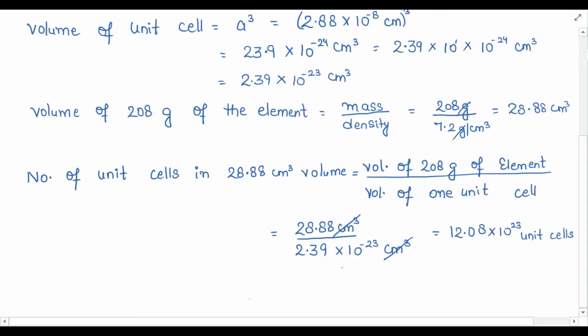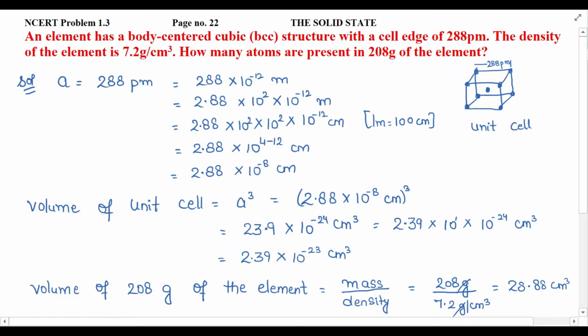Now the next step is you have to find the effective number of atoms in BCC structure, right? So what you will do, you see that this atom is shared by 8 unit cells, okay?